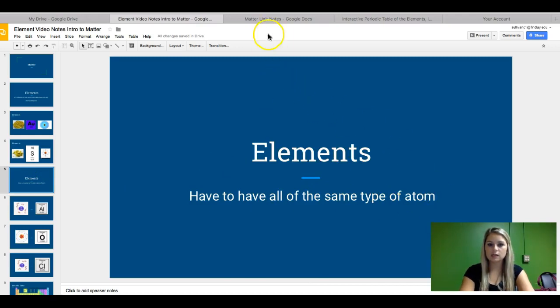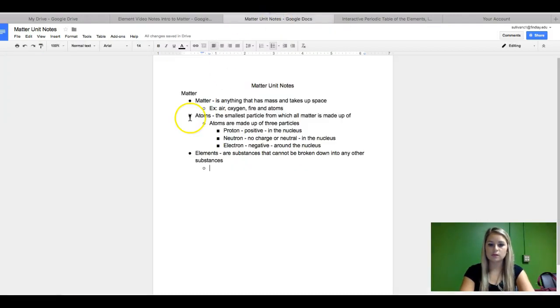If we want to add this into our notes here, let's switch back over and type: an element is made up of all of the same types of atoms.